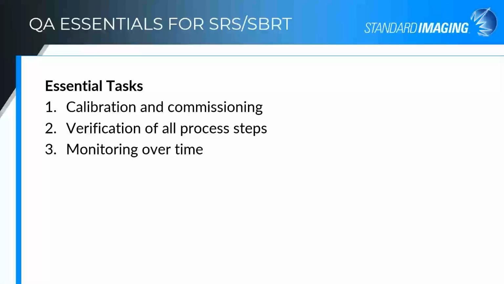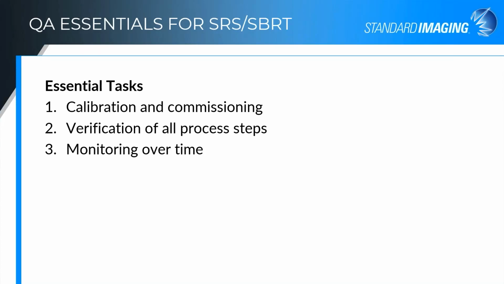That's an excellent question to start with. I usually would walk into a situation like that and start by thinking about, what do I have to do? What are the tasks that I need to complete? Because that will help me choose the tools that I need in order to complete those tasks. So for an SRS or SBRT program, first and foremost is calibration and commissioning of usually small fields for these treatments.